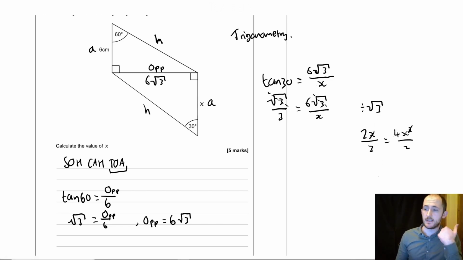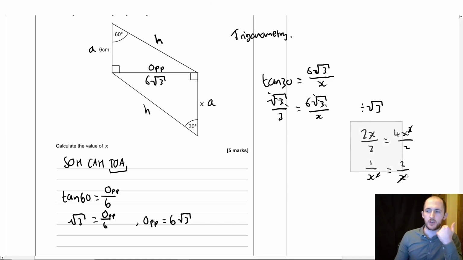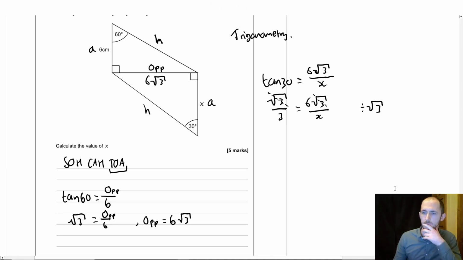This also works if it's on the bottom of a fraction. So 1 over x squared equals 2 over x. You can cancel out those as well. Is that okay, or would you like me to actually go through it a bit more in detail? You can cancel numbers if they're the same as well.